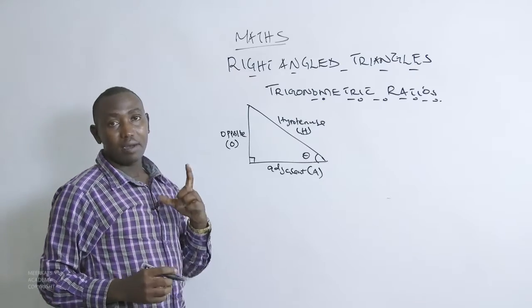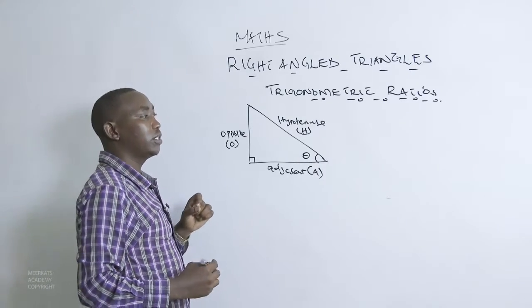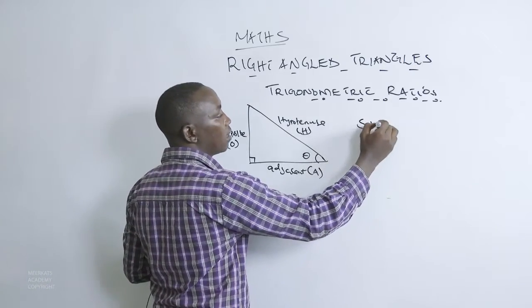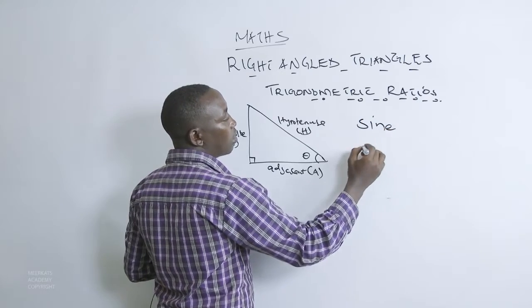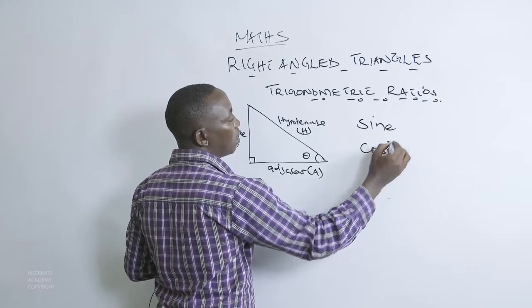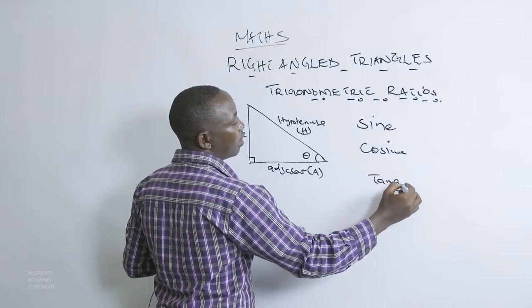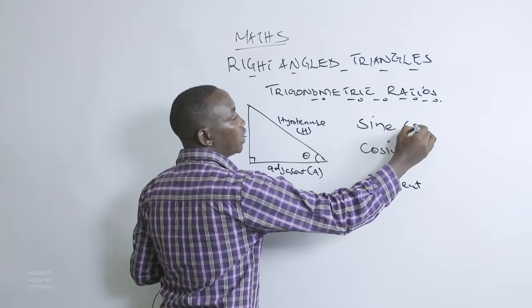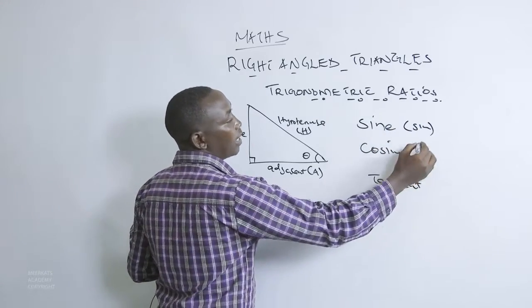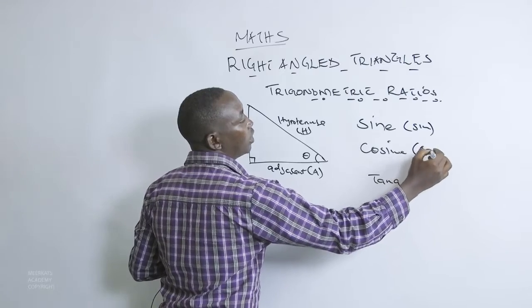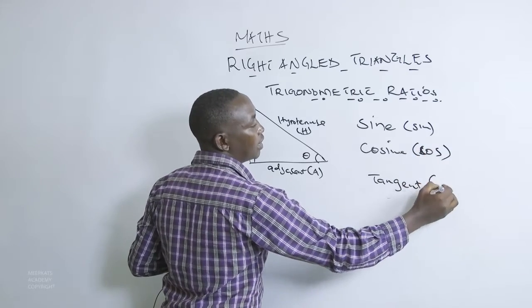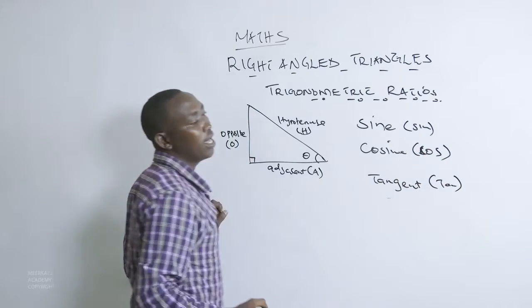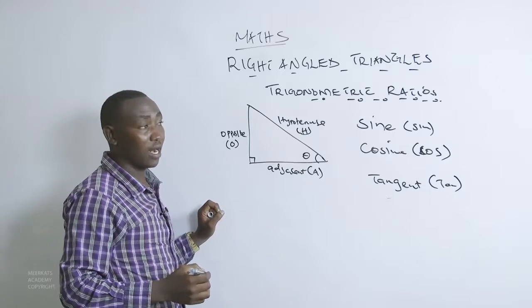Now I've said that the three trigonometric ratios are sine, cosine, and tangent. Sine is normally shortened to sin, cosine is normally shortened to cos, and tangent is normally written in short as tan.